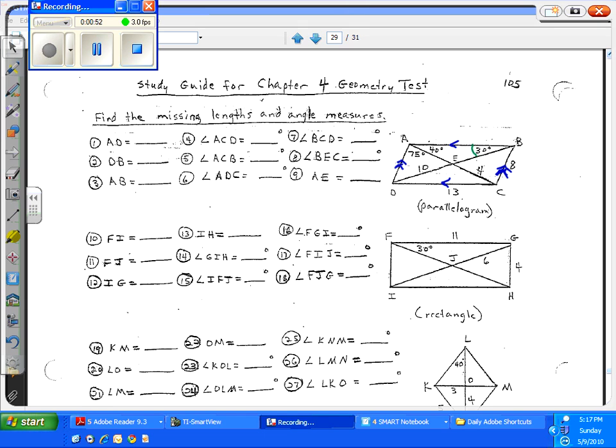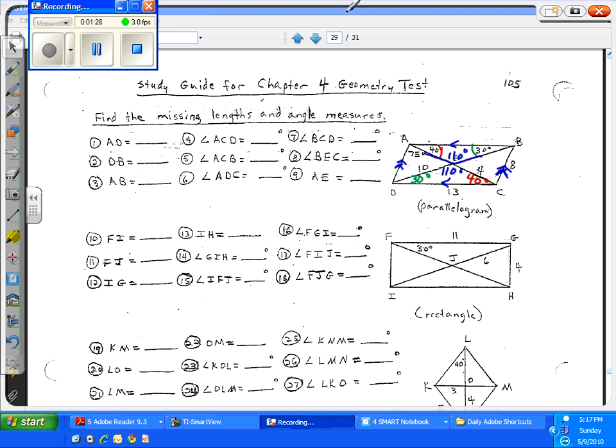So this angle right here is alternate interior to this one, so it's 30. This angle up here is alternate interior to this, and so it's 40. The sum of the angles of a triangle is 180, so we could add those two up. 140 plus 30 is 70. 180 minus 70 is 110, so this angle is 110, and the one vertical from it is 110.